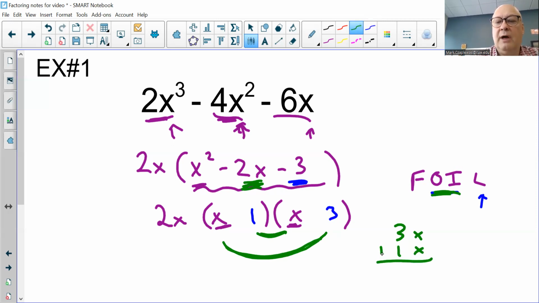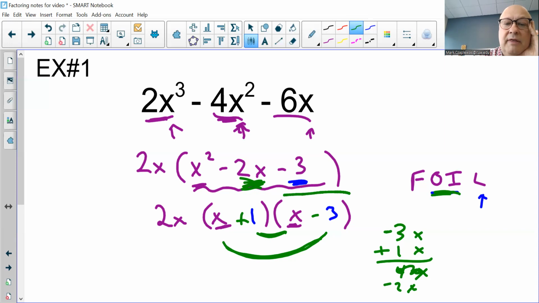And if I were to add these together, I'd get 4x. So I don't think that that's right. I don't want a 4, I want a negative 2. So I bet if I put a negative on here, then this becomes negative 2x when I add them. So the 3 gets the negative and the 1 gets the positive. This is kind of an easier one to start with, but this is what's called your factored form.